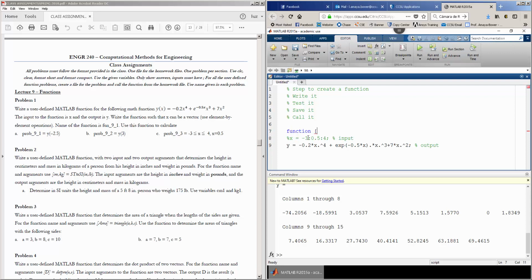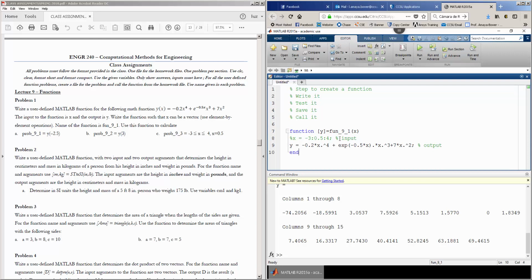In this case, the output is going to be y. And then we name the function. So it's asking us to call it fun91, and then parentheses, and the input is going to be x. Notice that we have it in blue, therefore we have to finish it.